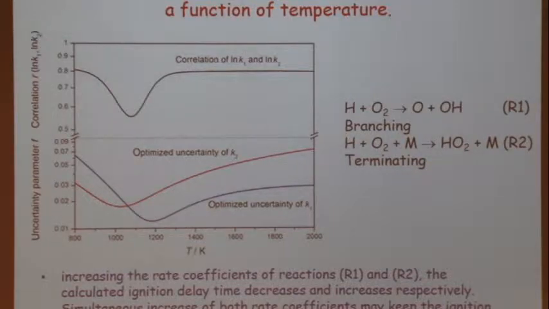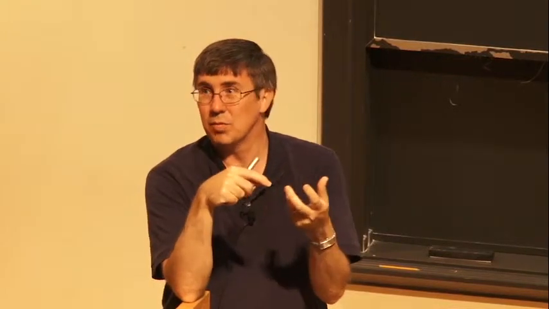And this is actually hidden inside the GRI-Mech and the PrIMe, is that they find a parameter range that works, but there's no guarantee for sure that that's the best parameter. And then they have a way to try to represent the correlation between all these parameters, but it's a little bit hard to see it just because it's so complicated. Here it's very simple. You can just see the one off-diagonal element has a big number.